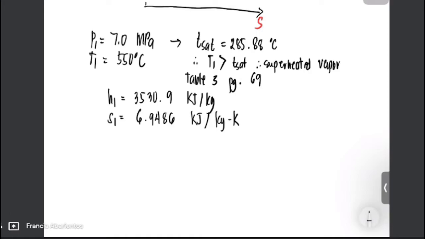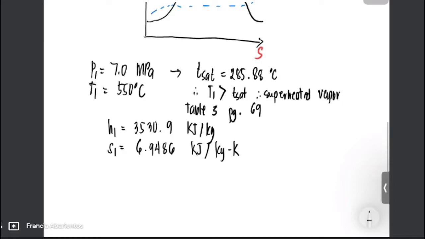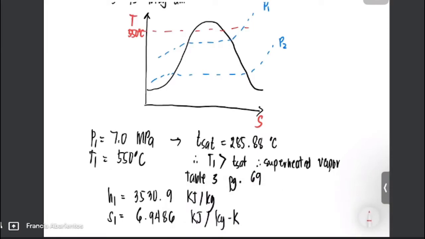So, bakit yan lang yung kinuha? Kasi mahaba-haba to class. Since superheated na si point 1 natin, pakita ko na. Most likely, ganito yung lalabas natin. Pangit ng drawing ko. So, 550. So, this is now your point 1.